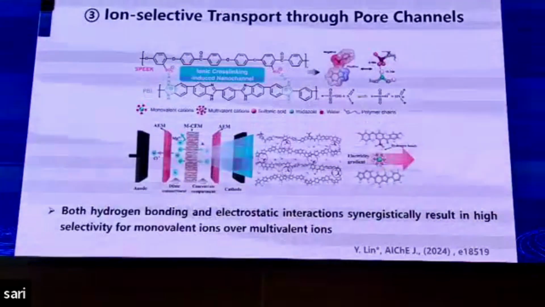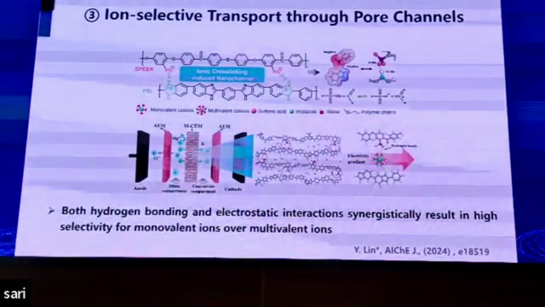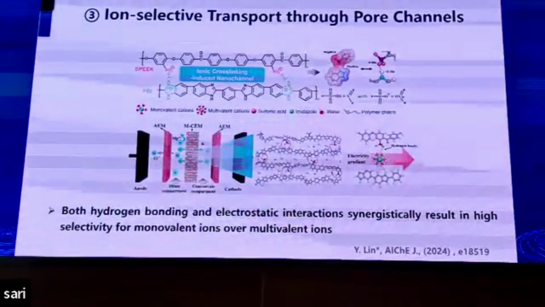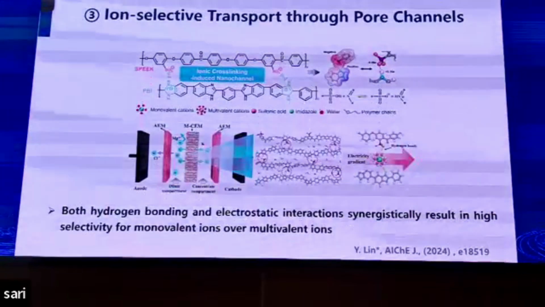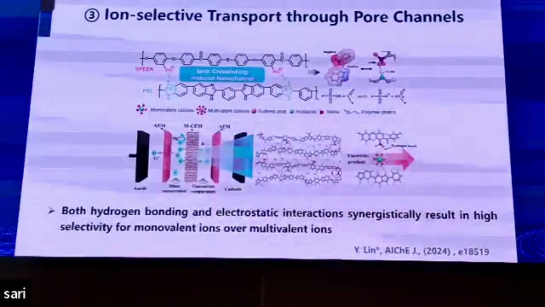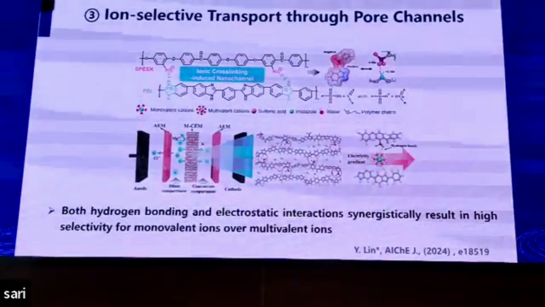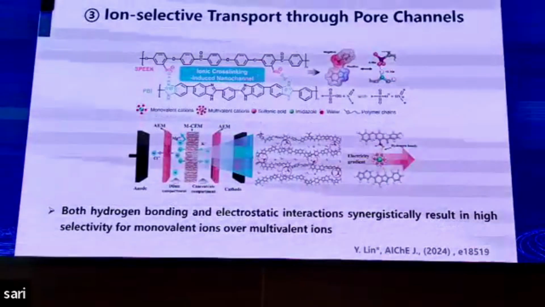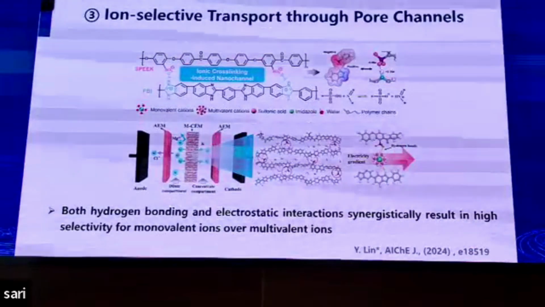And we thought, is it possible to have a third way to realize monovalent and divalent ion separation? Maybe yes. Maybe hydrogen bonding itself is a kind of method to realize it. If we introduce some high polarity groups inside the pore channels, this is ionic cross-linking, so the membrane pore channels are constructed using acid and alkali pairs, with electron interactions.